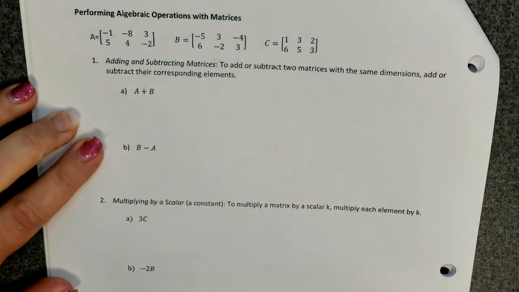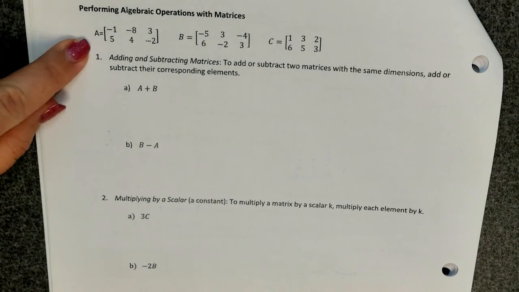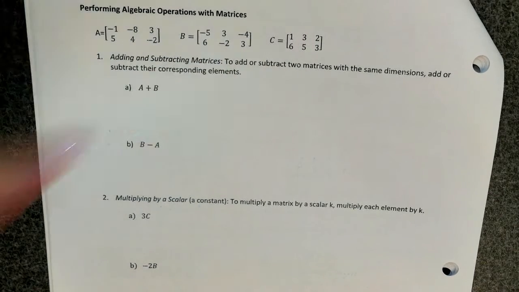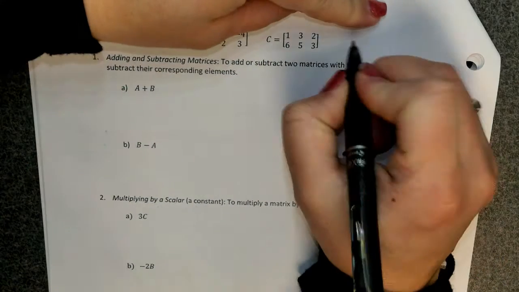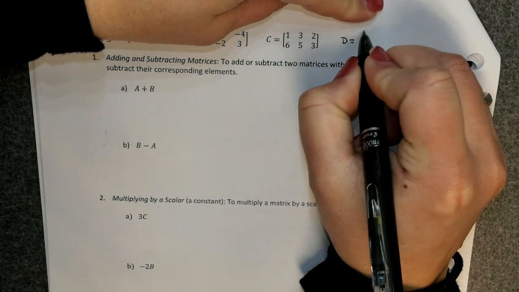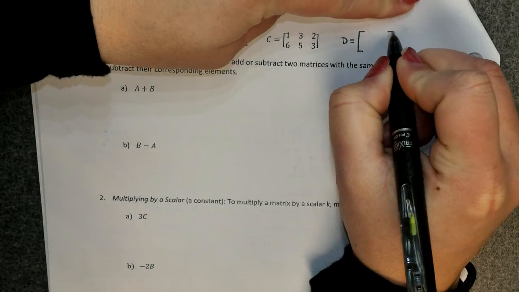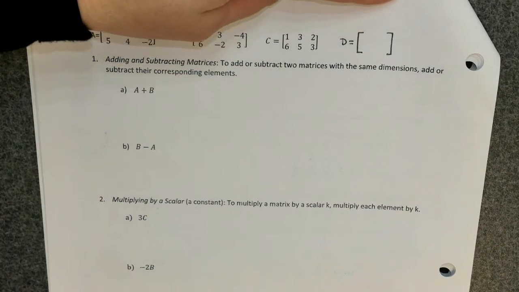Okay, so here we are given a matrix A, B, and C. Let's add in matrix D. We're going to have it be a 2 by 2 matrix.